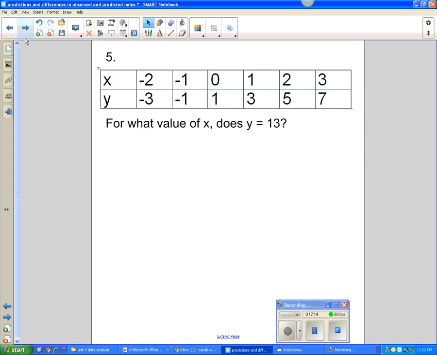All right, number 5. For what value of x does y equal 13? So make sure you're paying attention. That's y equals 13. So we're going to do what we always do. Put it in stat.